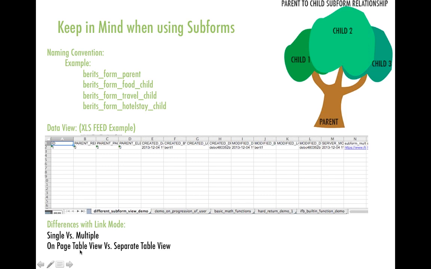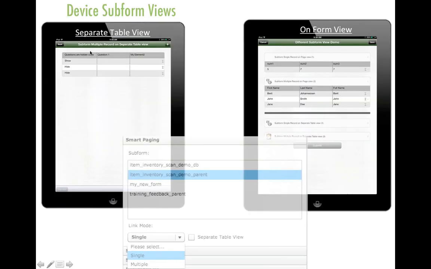So here again, we have the Barrett's form parent right there, and then the Barrett's form food child would be maybe child 1, and then Barrett's form travel child would be child 2, and then Barrett's form hotel stay child would be child 3. So those all 3 are different subforms.